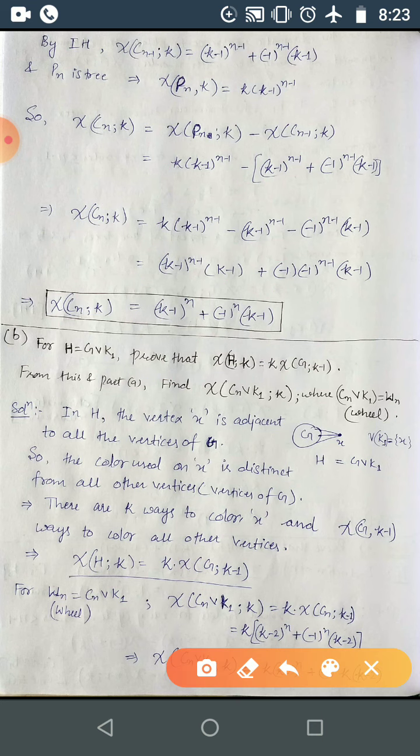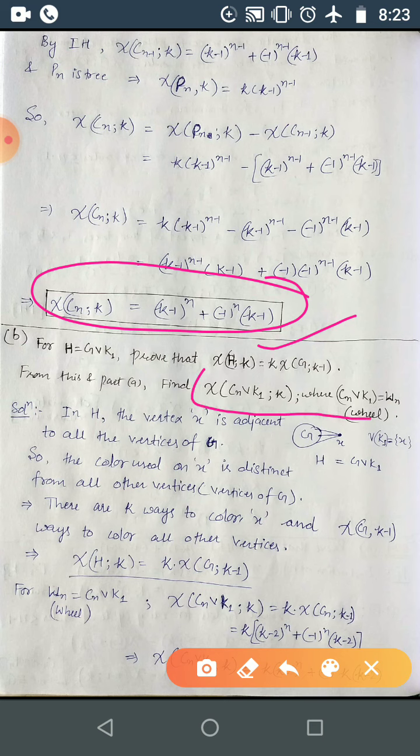And by using this, and from part A result, you need to find the chromatic polynomial for Cn join with K1, when k colors are given. Obviously you can use this if you prove this part, correct?